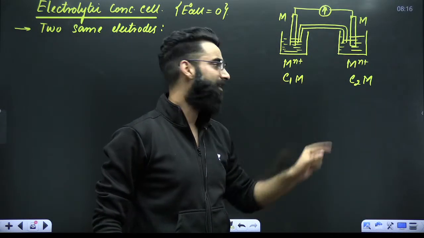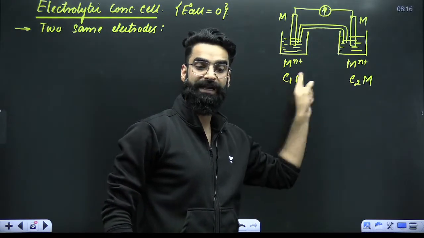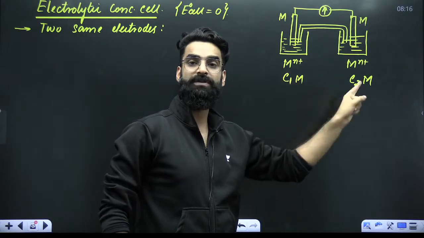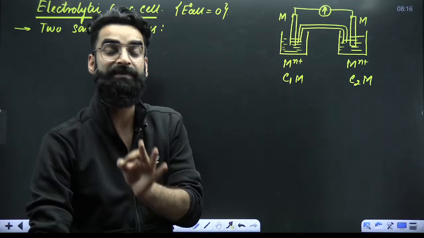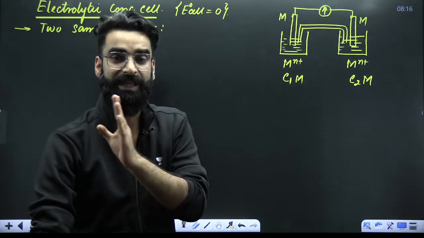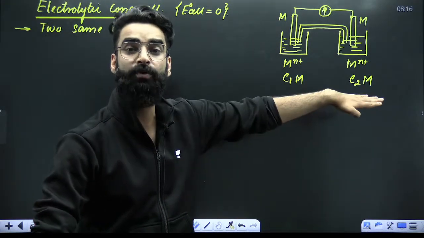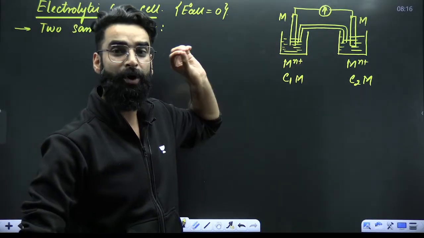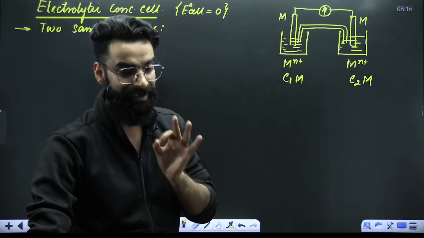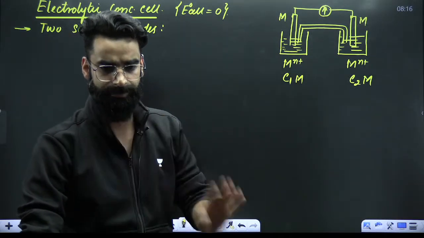Where is the difference? The difference lies in the concentration of electrolytes. Whenever you have such a concentration cell in which the concentration of the anodic and cathodic containers is different, you will call this particular concentration cell the electrolytic concentration cell.